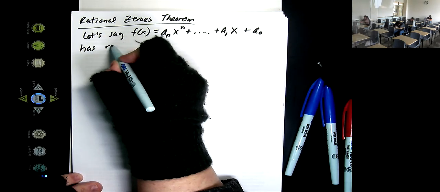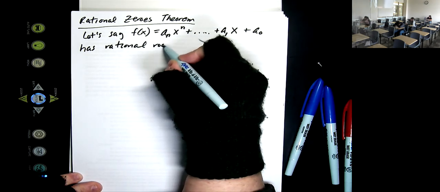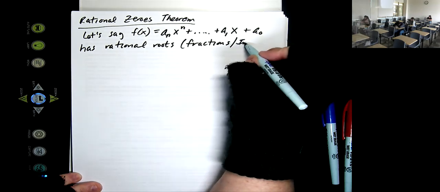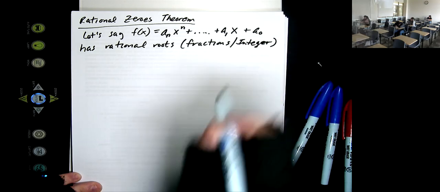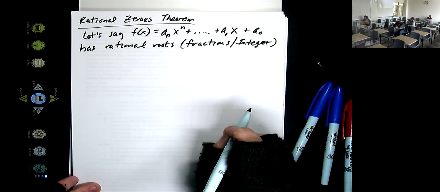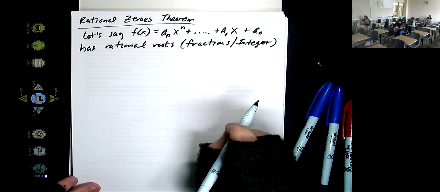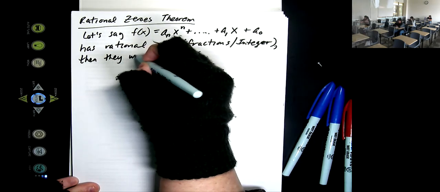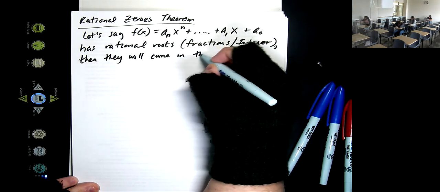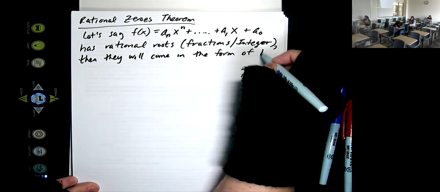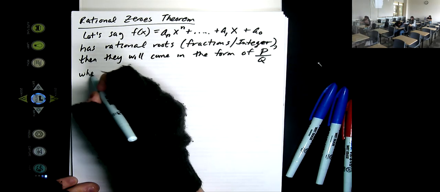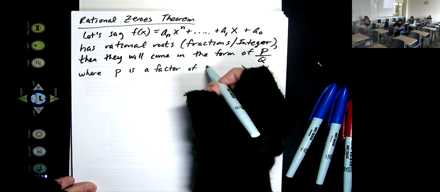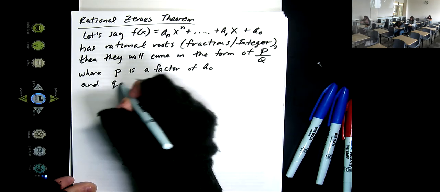If it has rational roots, which are fractions or integers (an integer is just a fraction with a denominator of 1), then they will come in the form of p over q, where p is a factor of a sub 0 and q is a factor of a sub n.